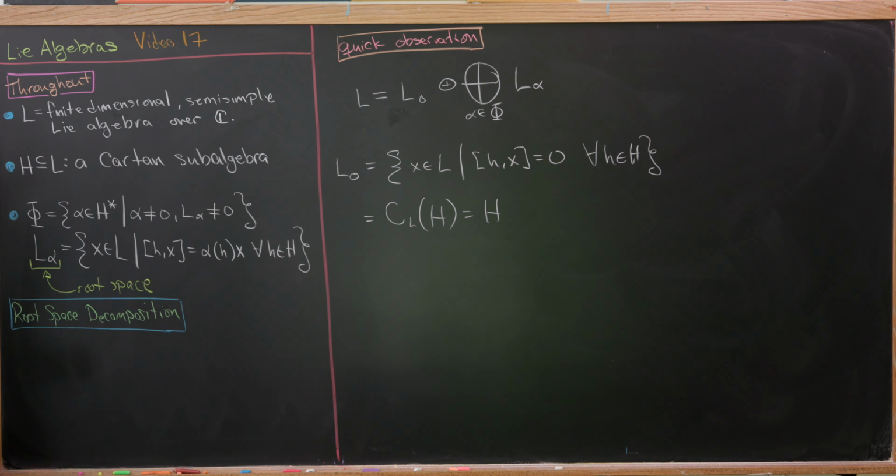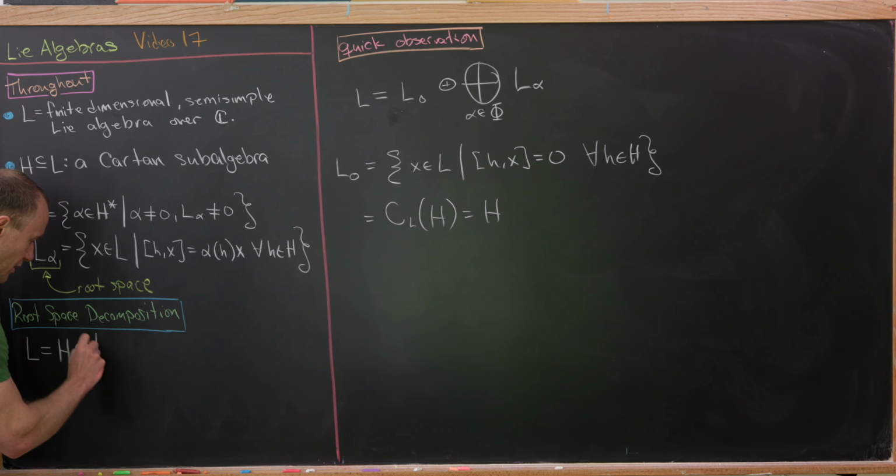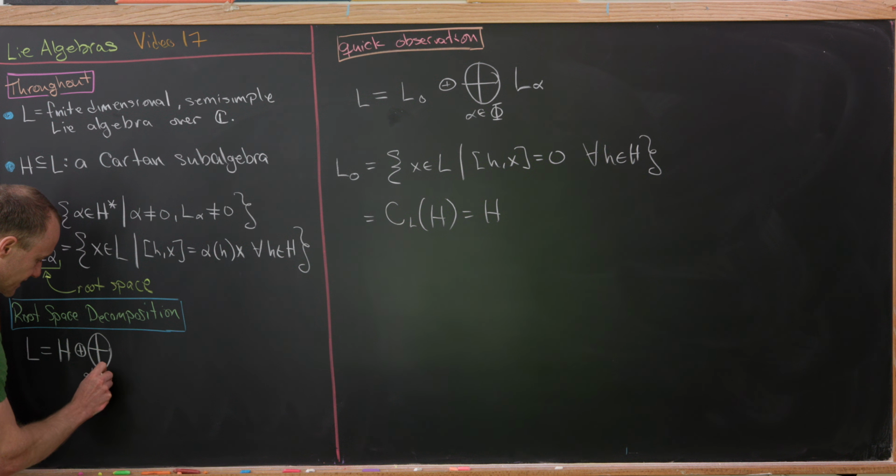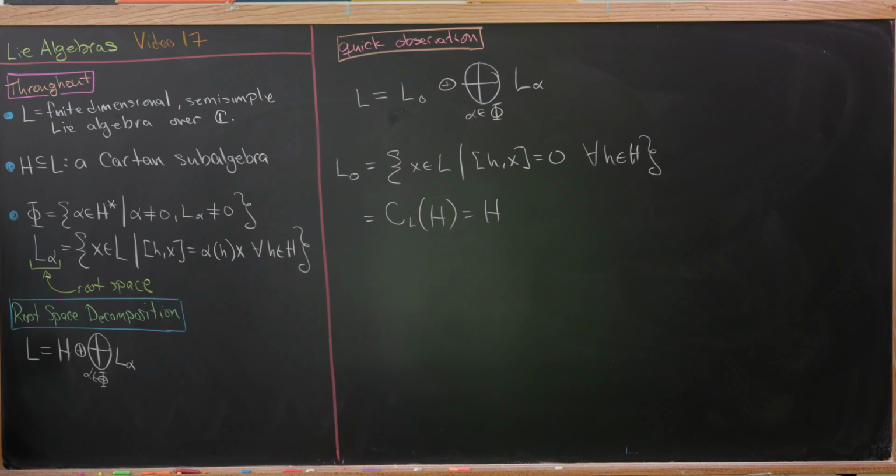And so that gives us this more classic version of the root space decomposition, where we would have L is equal to the Cartan subalgebra, direct sum with the big direct sum over all of these roots of the root spaces. So something like that.